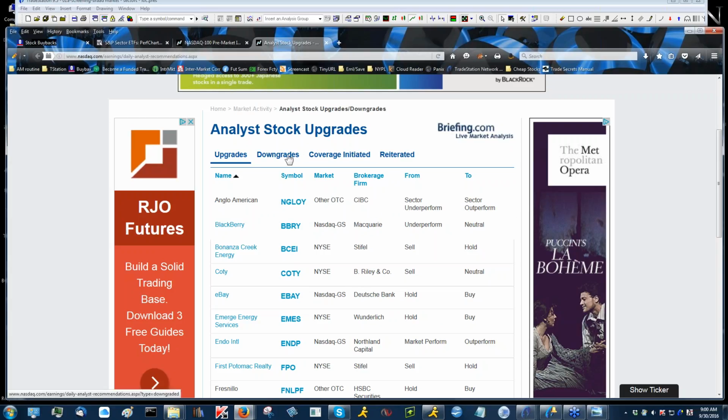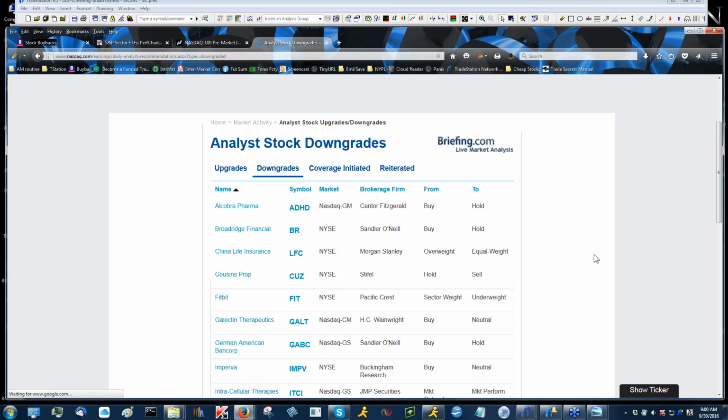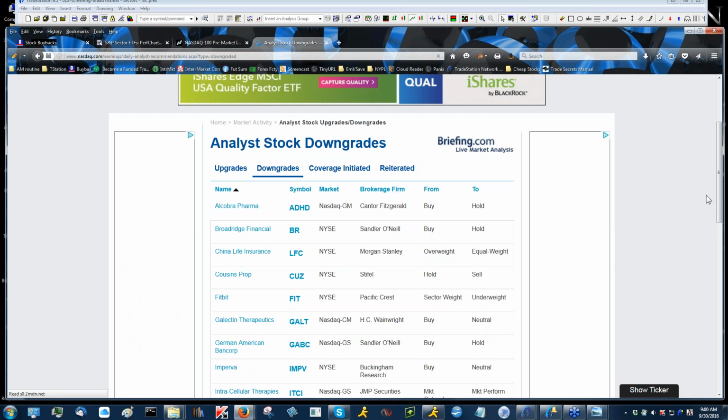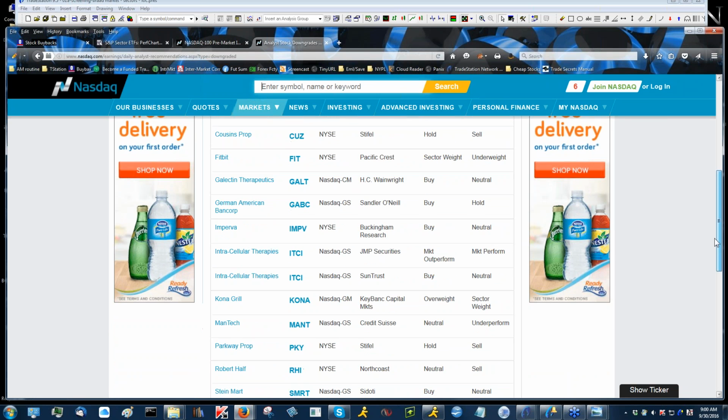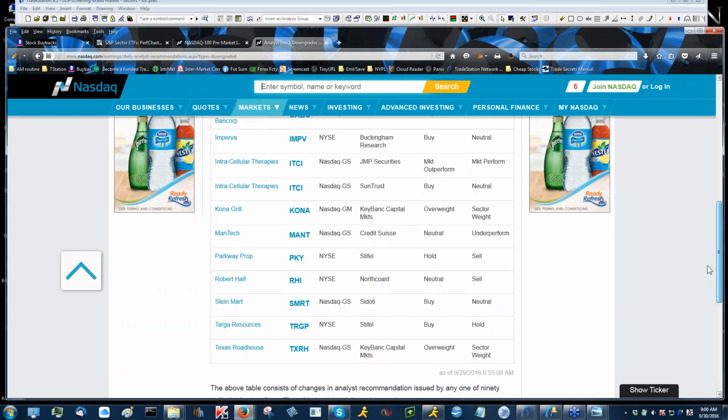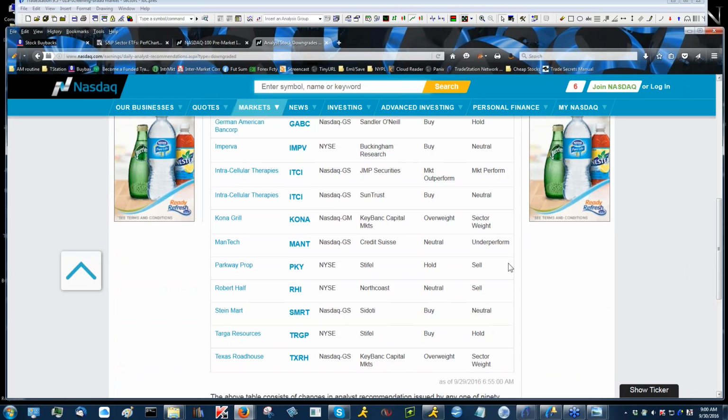But particularly on a downgrade, on the rare occasions where they put a sell rating on, that's always interesting, because it takes a lot to get Wall Street to put a sell rating on. So when they do it, it's kind of interesting.